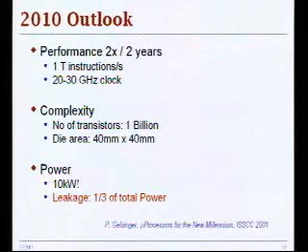So if we keep scaling the technology as we did in the past, doubling performance every 2 years, doubling the number of components on a chip, then by year 2010, the prediction is that we will be able to have machines that execute about 1 tera instructions per second that will run on 20 to 30 gigahertz clocks, with a complexity of about 1 billion transistors on a single die, with a die area of 40 millimeters on a side.